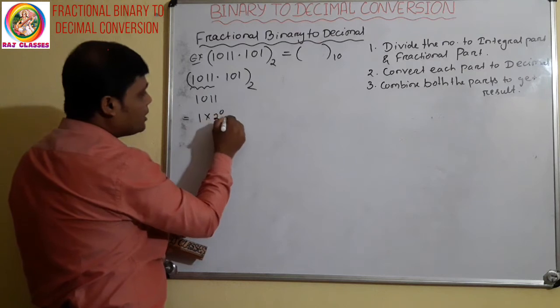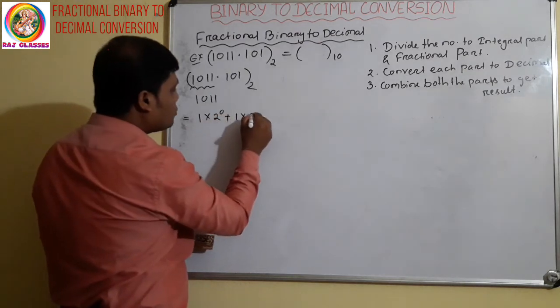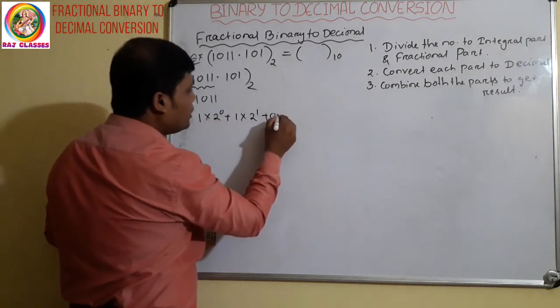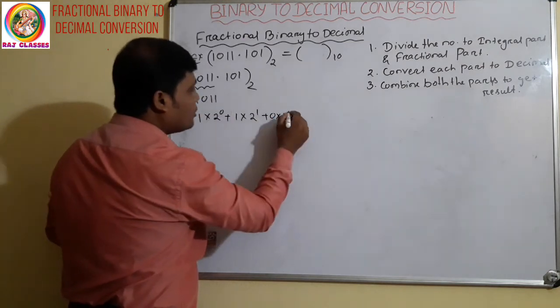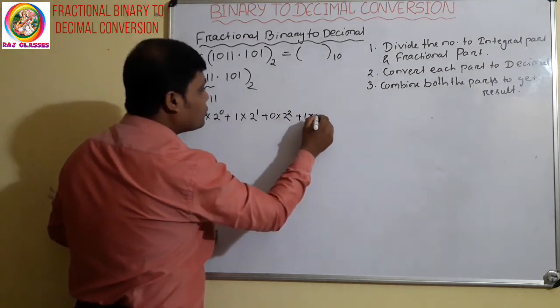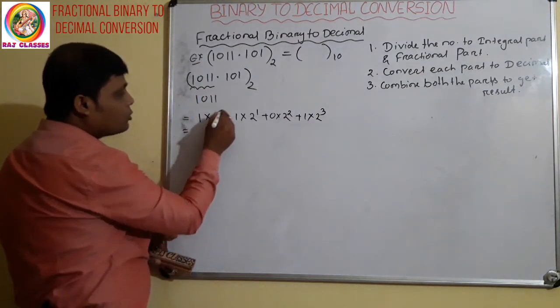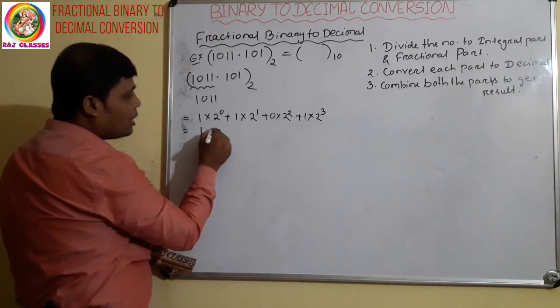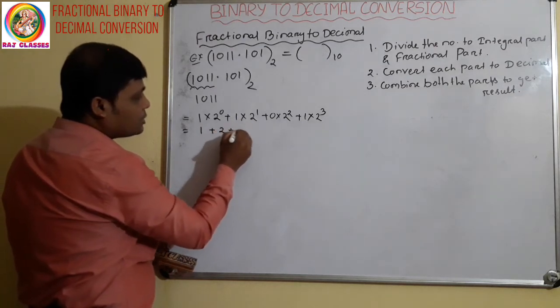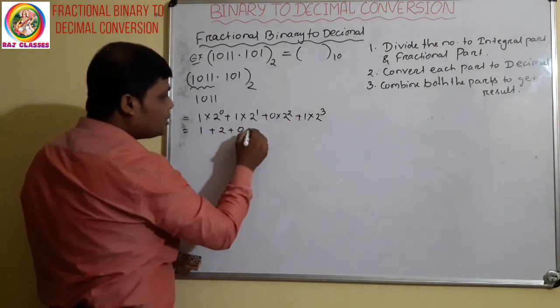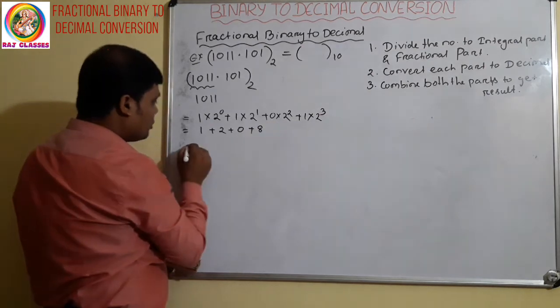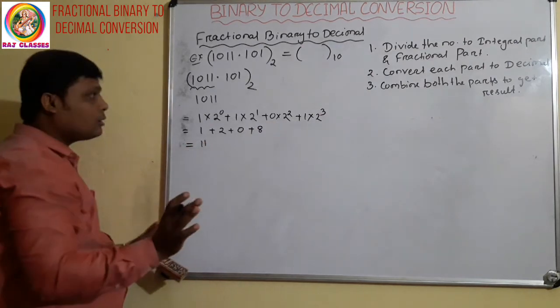This will be equal to 1 into 2 to the power 0, plus 1 into 2 to the power 1, plus 0 into 2 to the power 2, plus 1 into 2 to the power 3. 2 to the power 0 is 1, so this will be 1. This will be 2, plus 0, 0 into something is 0, and this will be 8. Total will be 11. Clear?